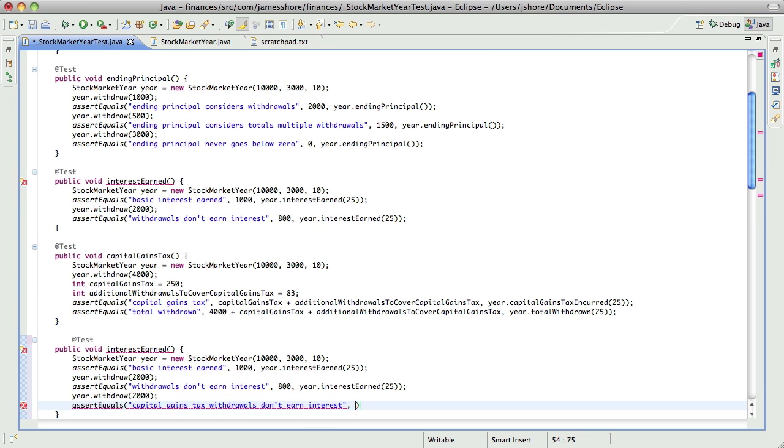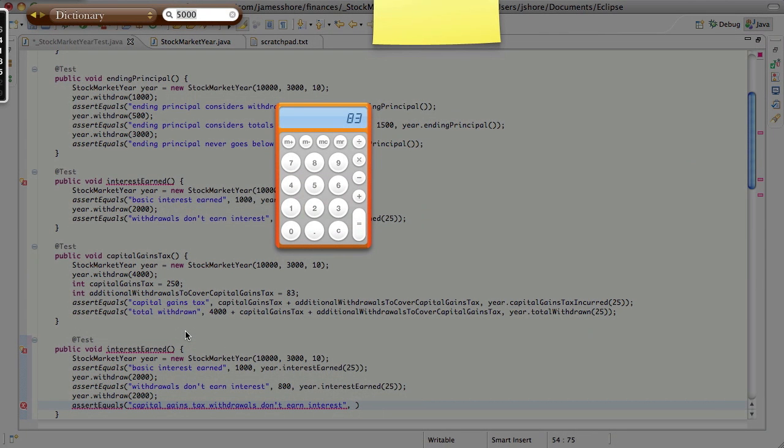So we're expecting our interest earned to be, well, let's see, 10,000 minus 4,000 minus 250 minus 83. 5667 is our balance. 10% of that is 566.